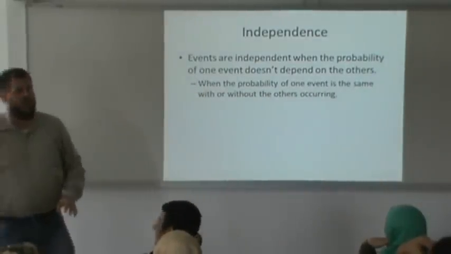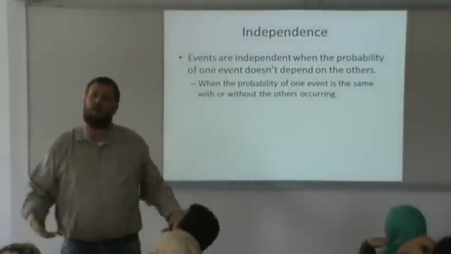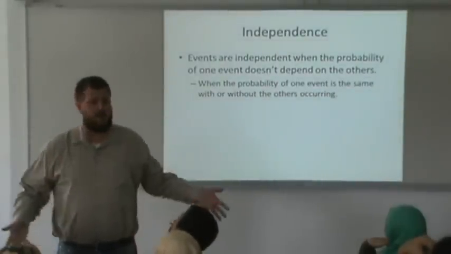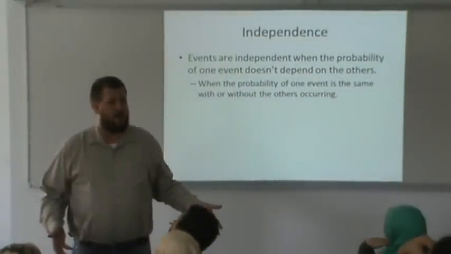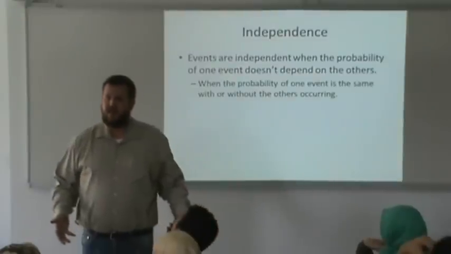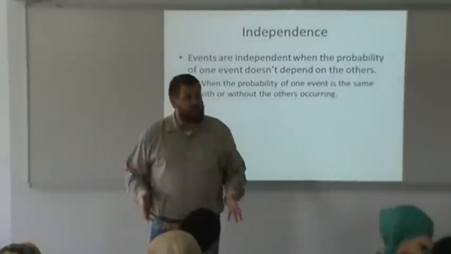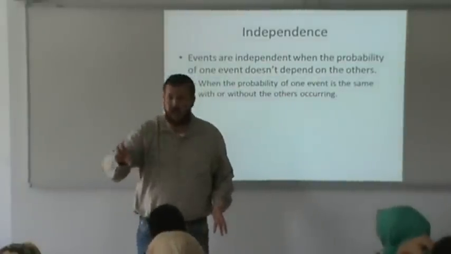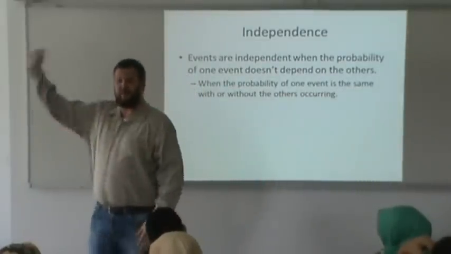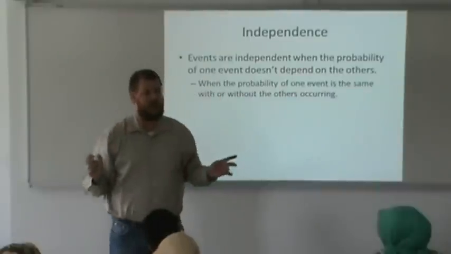But imagine that I told them to get out of the class. Then I wanted to pick another student at random. 1 over 39. So this is known as sampling without replacement. I am taking a sample, I'm getting rid of it, and then I'm sampling again.